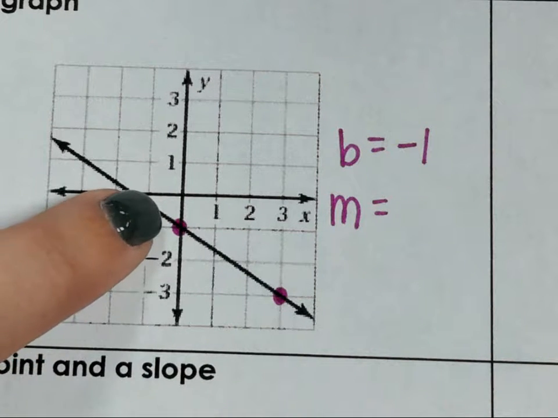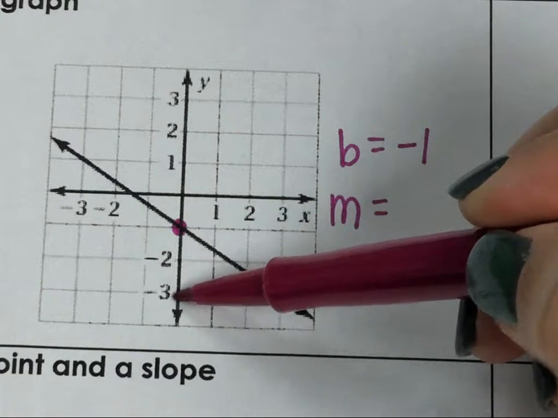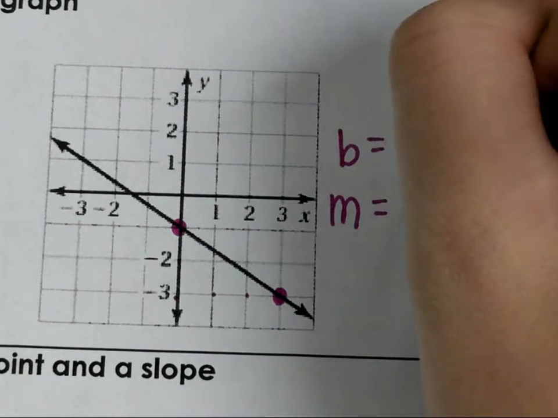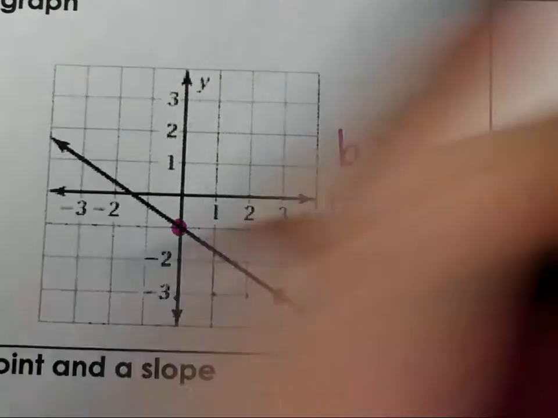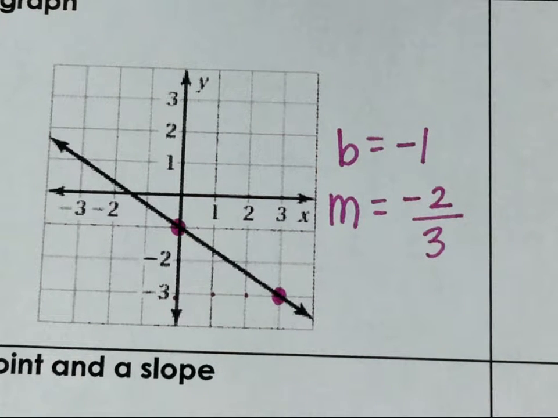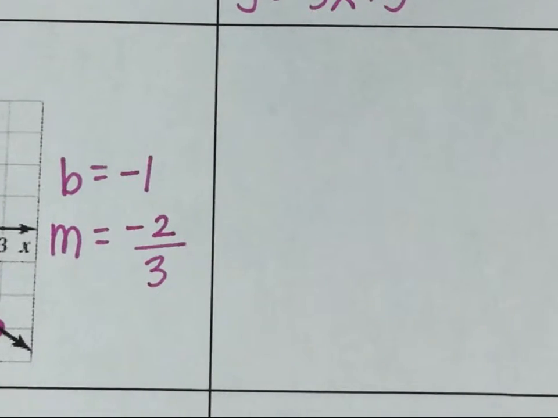Down 3? Down 2. Because I started at negative 1. So I went down 2 and then to the right 3. So my slope is negative 2/3.